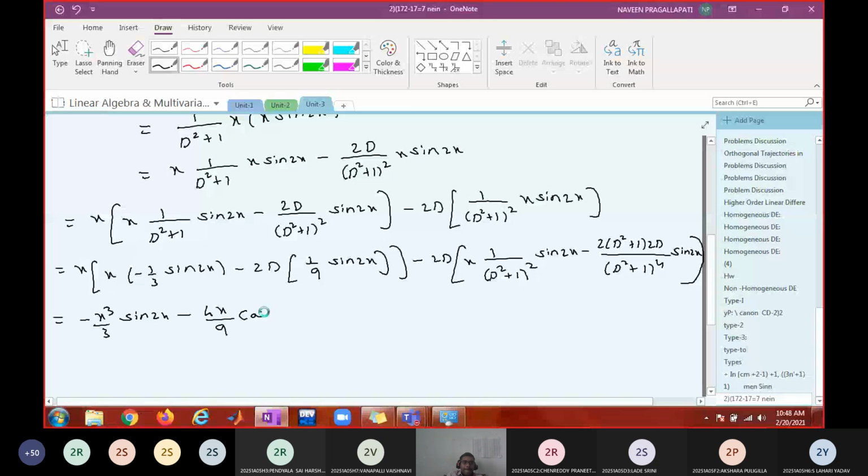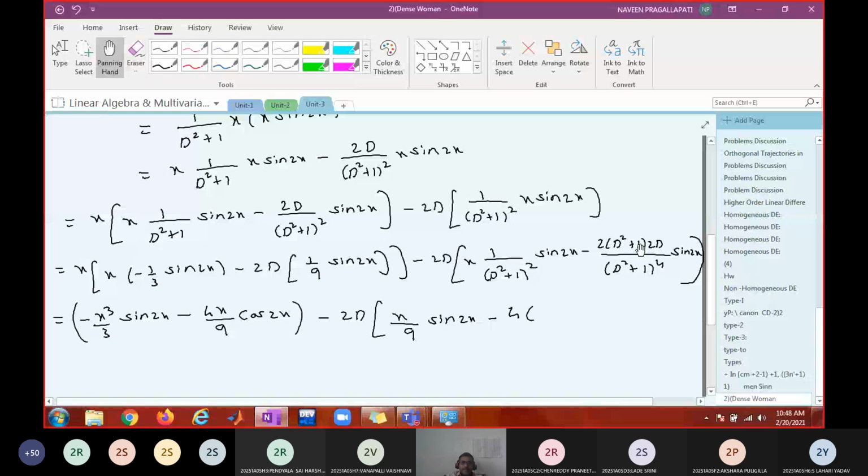This is over minus 2D times x into, replace D square with minus 2 square, minus 4 plus 1, minus 3 whole square is 9. So x by 9 cos 2x, x by 9 sin 2x, minus 2 2s are 4, D square of D square of D is D cube.